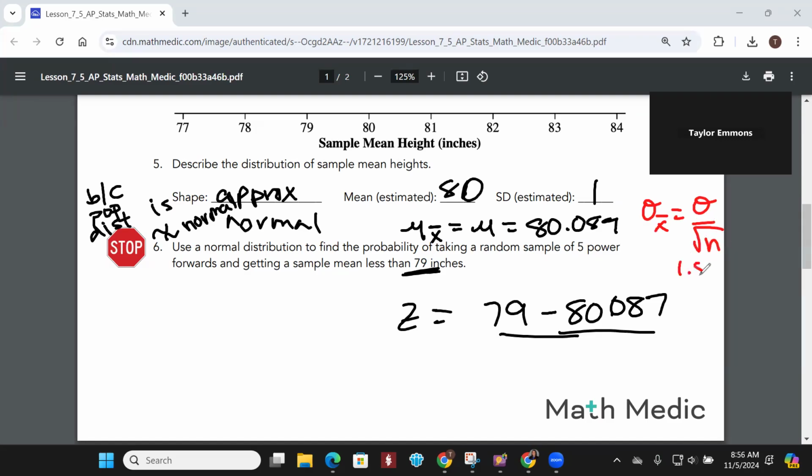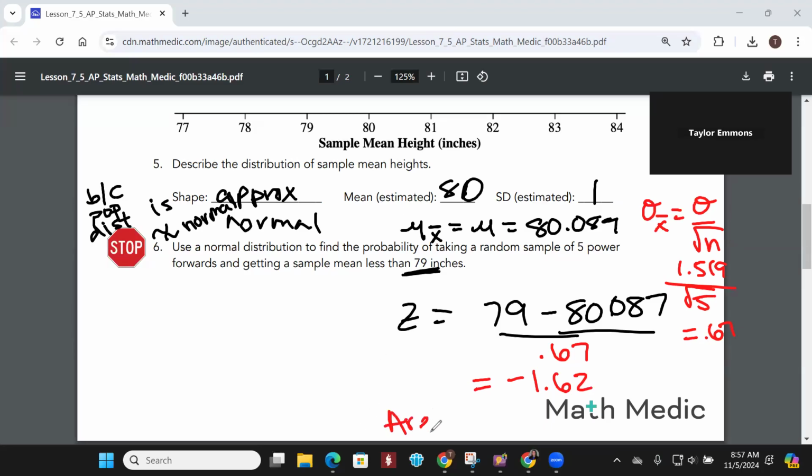So we've got 1.519 divided by the square root of 5. And that gives me 0.67. So our standard deviation is going to be 0.67. So again, this number came from up at the top with 115. That's our population. And that's going to give me negative 1.62.